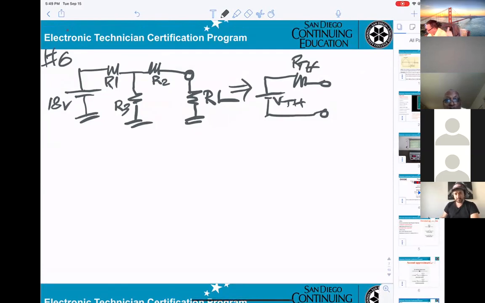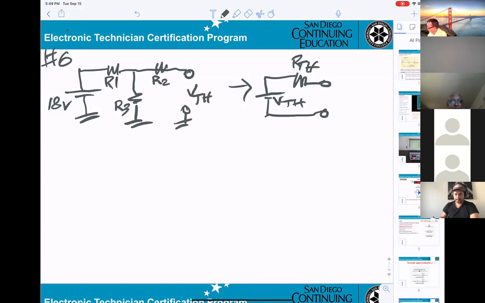First thing you have to remove the load. Okay, so now I take this loop out. No more. And V Thevenin means the voltage from here to here.